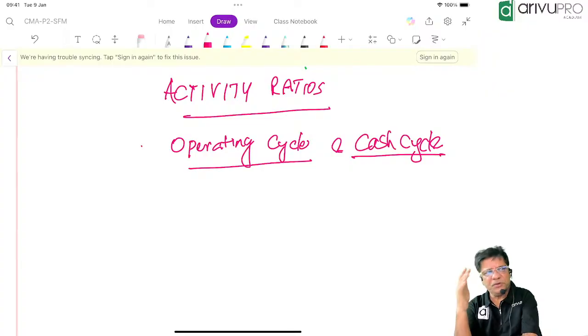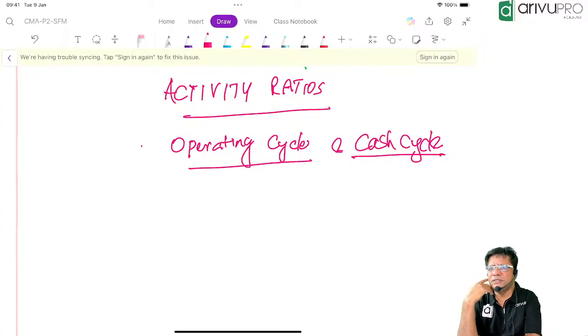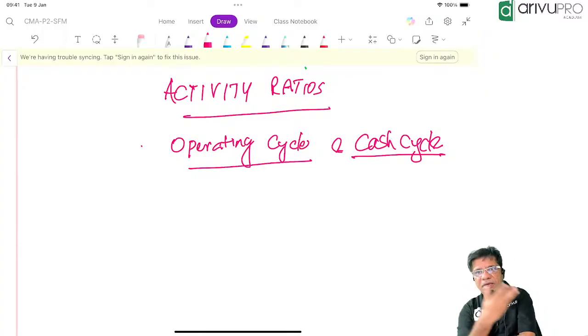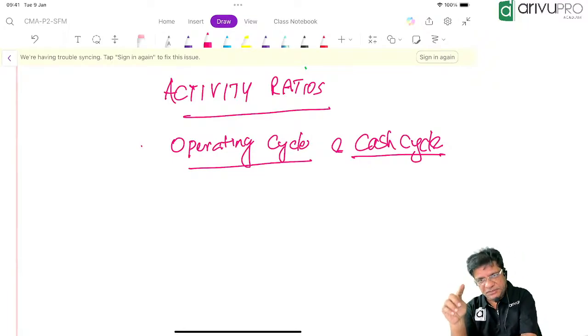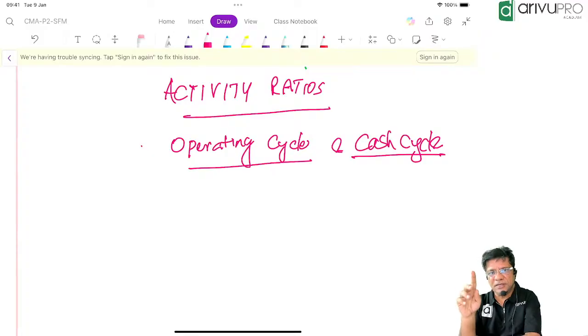Sometimes it takes more than 2-3 years for wine to be produced. For such a wine brewing company, raw material is commercial grapes, and they have grape farms. For them, the operating cycle will be longer, so current assets and current liabilities can be for more than 12 months.